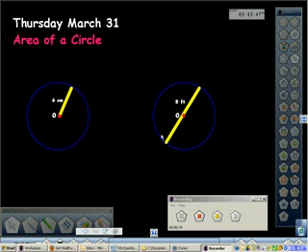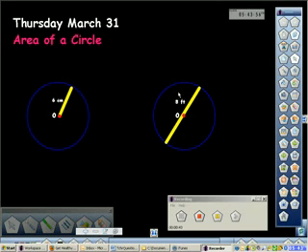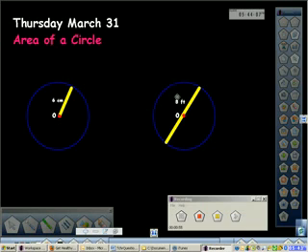And the distance around a circle, or the perimeter of a circle, is called the circumference. We also talked about circumference equals pi times diameter. Pi is always going to be 3.14, so we're going to take 3.14 times the diameter. If we're finding the circumference here, we would go 3.14 times 8, and that would give us the circumference. Okay, so that's just a little review of circumference.